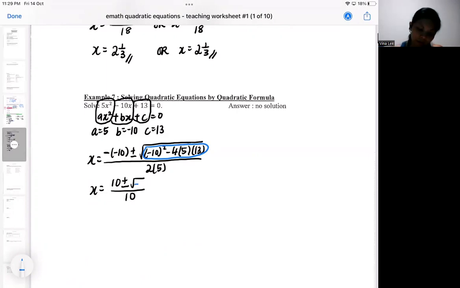And I actually get a negative portion. So that is where you actually get no solution because we couldn't take a square root on a negative number. So just the portion under the square root will be explored in another A math topic.